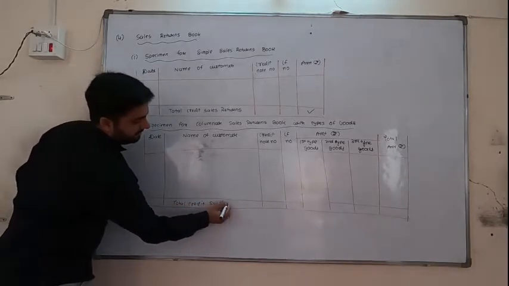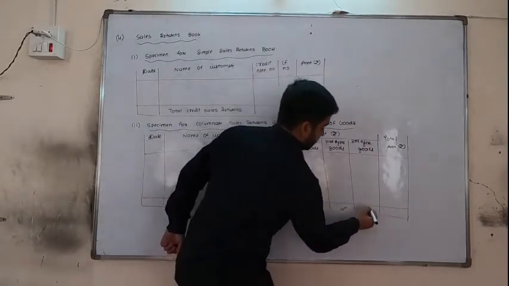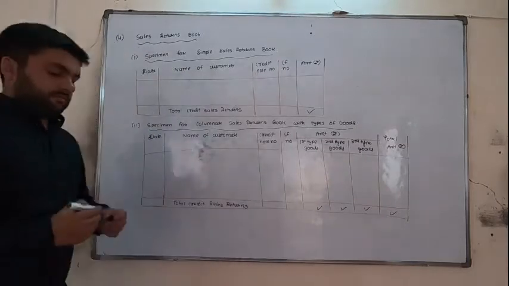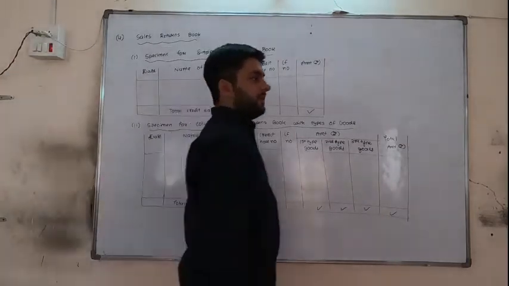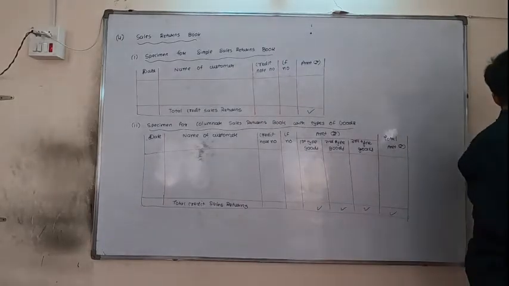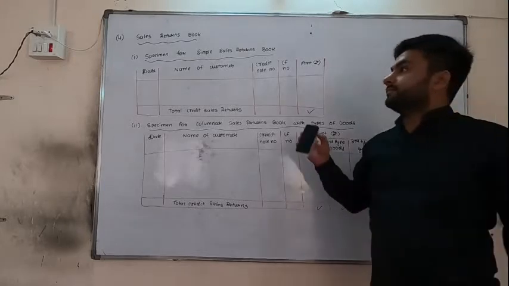Total credit sales returns. So friends, this is the format or specimen for sales return book. Now we shall solve the 11th sum, which is having sales book and sales return book.